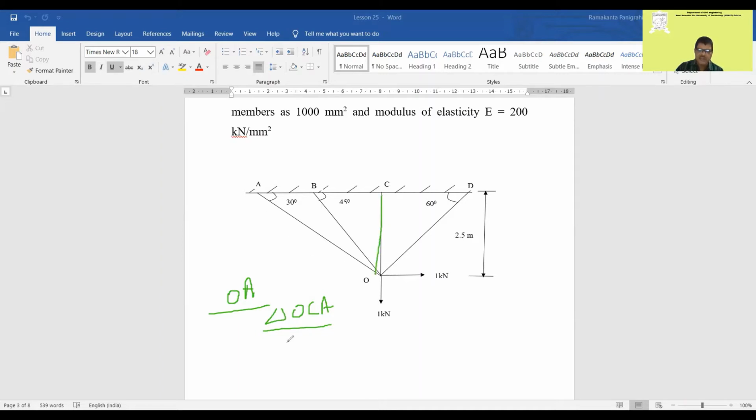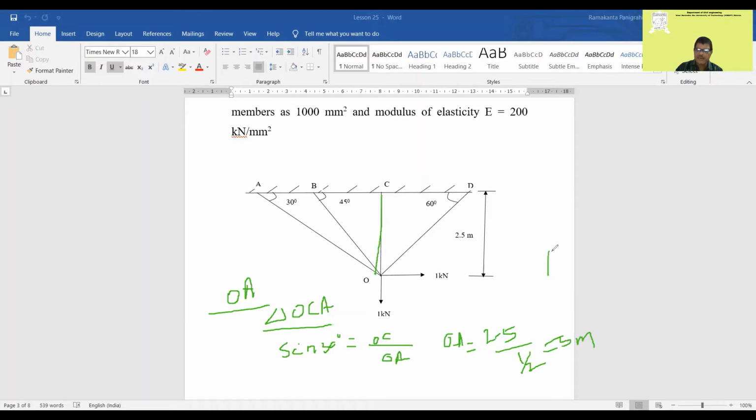So sin 30 is equal to OC by OA. What is the value of OA? OA is equal to OC, 2.5, by sin 30, which is 1 by 2. So it becomes 5 meter. Now OA is 5 meters.